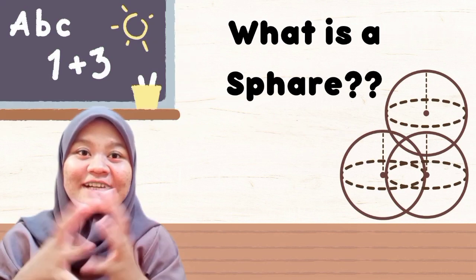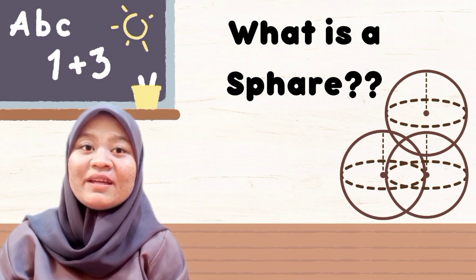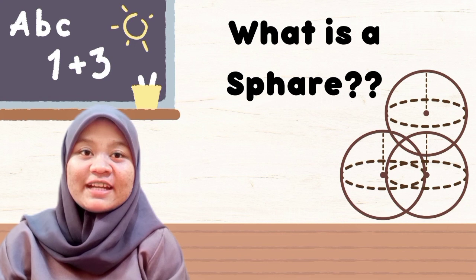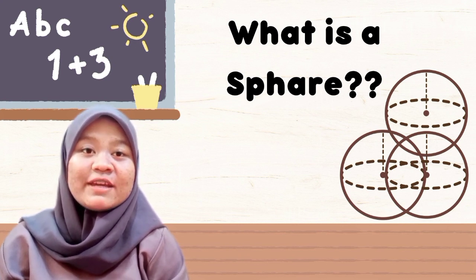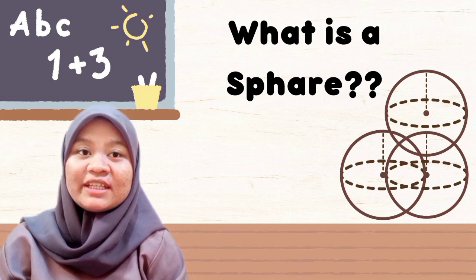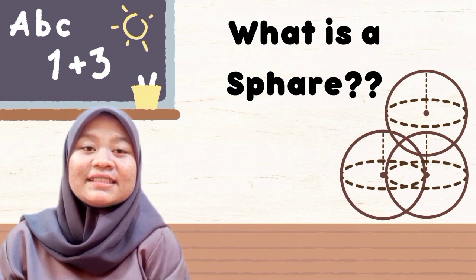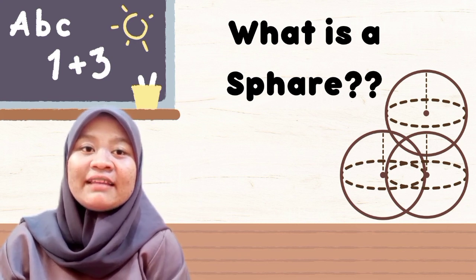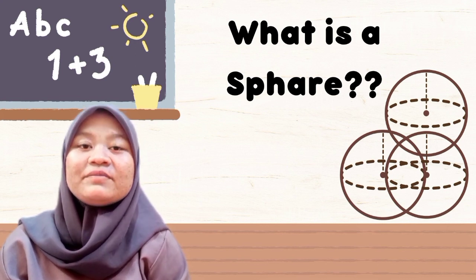What is a sphere? As discussed in the introduction, the sphere is a geometrical figure that is round in shape. The sphere is defined in a three-dimensional space. The sphere is a three-dimensional solid that has surface area and volume. Just like a circle, each point of the sphere is at an equal distance from the center.